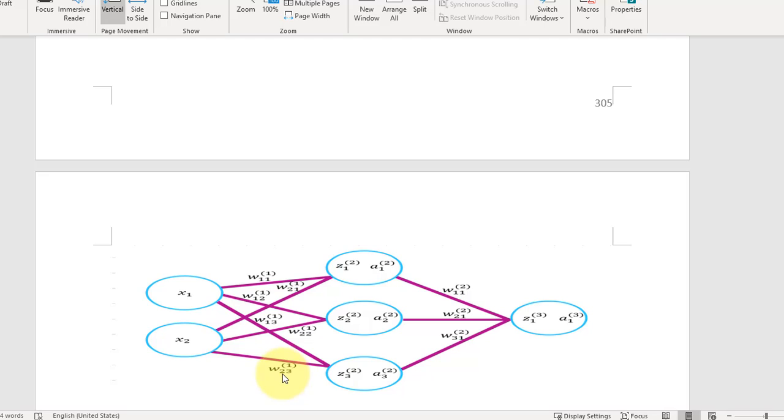So they may reverse the indices. W32 in their terminology would be the same weight that goes from here to here, but they reverse the indexing. In this text, we're using 2, 3 to say that it originates at 2 and ends at 3.